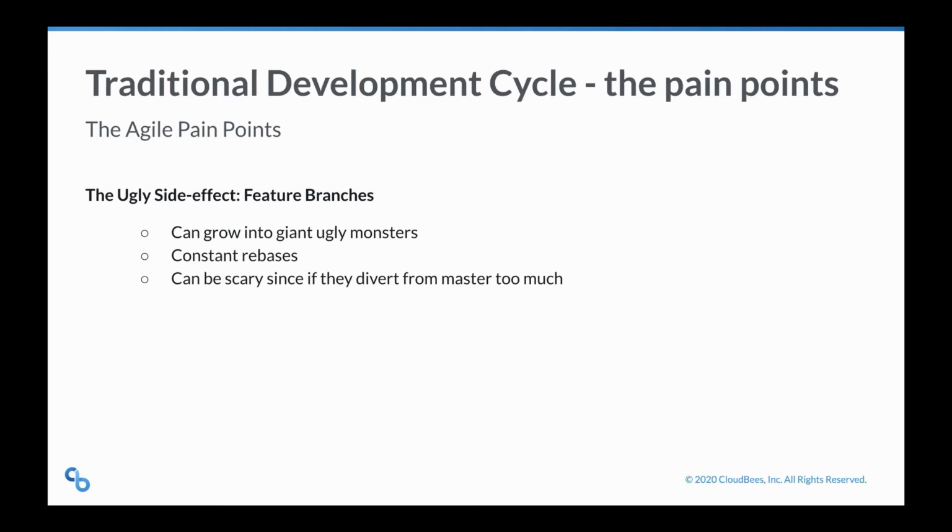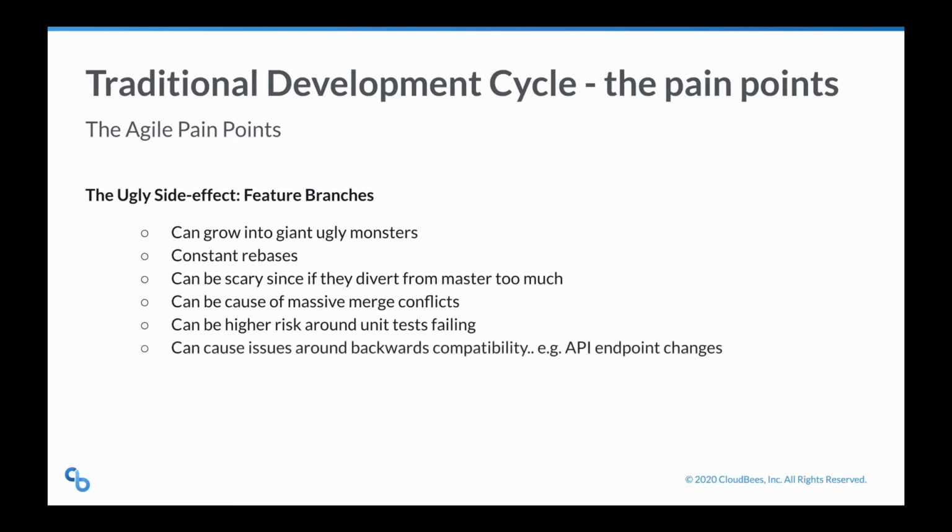If the engineer, or the few people working on this branch, all of a sudden have to take PTO or they're not available, you don't want these feature branches diverging from master too much. If they do, that can cause a lot of merge conflicts. It can cause issues with unit tests failing, and there are backwards compatibility issues.